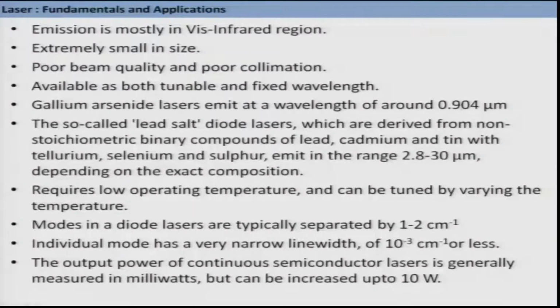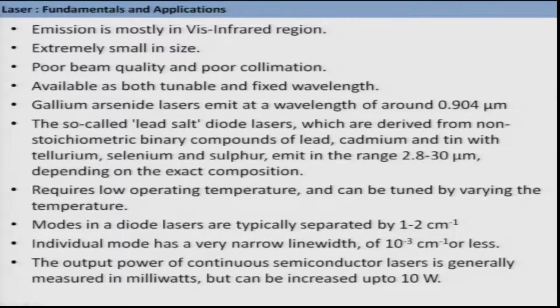The longitudinal modes in diode lasers are typically separated by 1 to 2 centimeter inverse, which is quite small. And these individual modes have extremely narrow line width, like 10 to the power minus 3 centimeter inverse or even less.